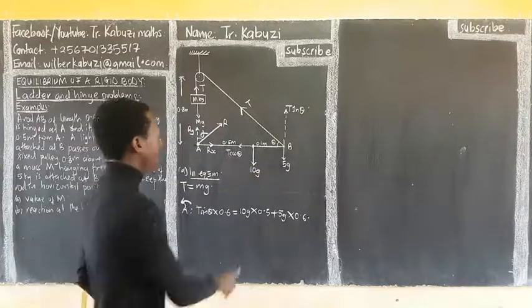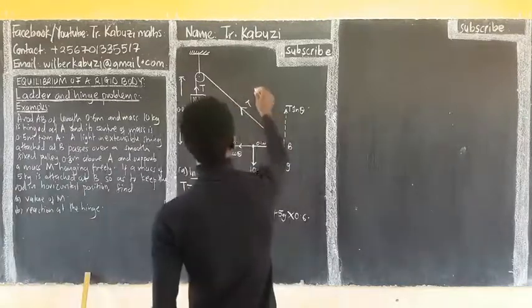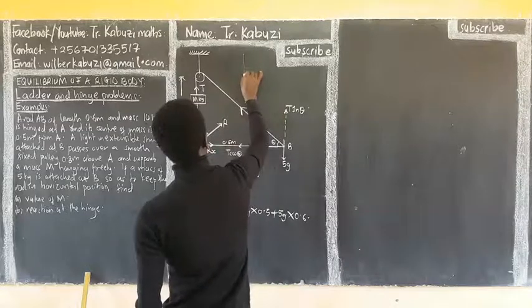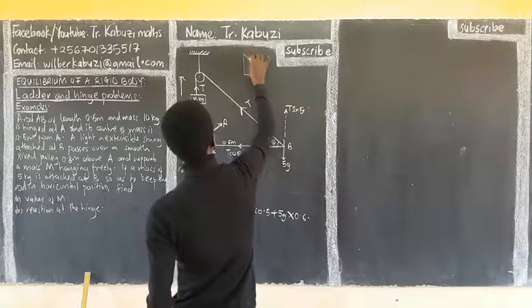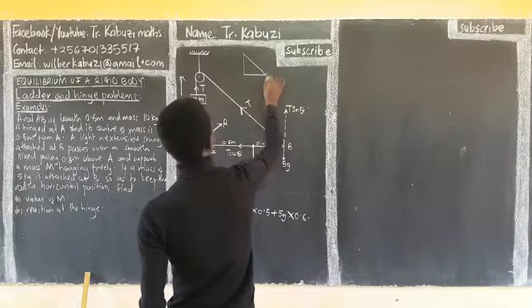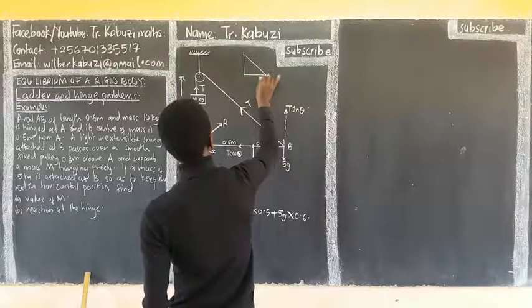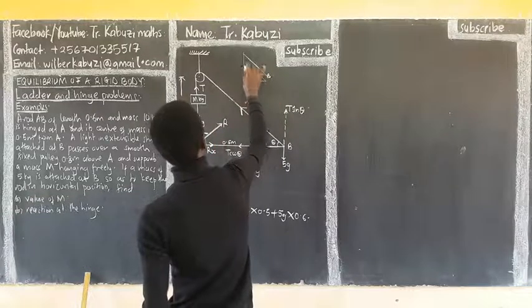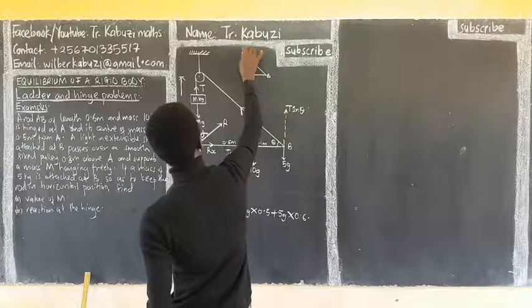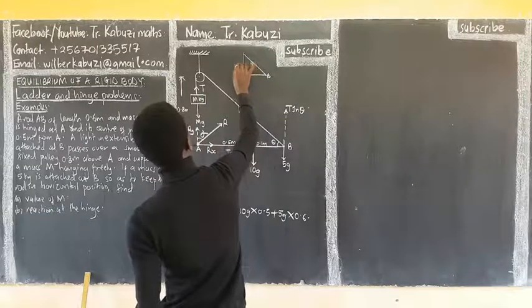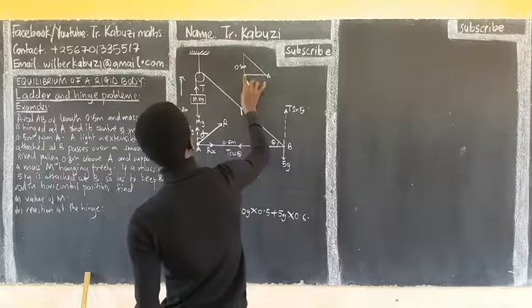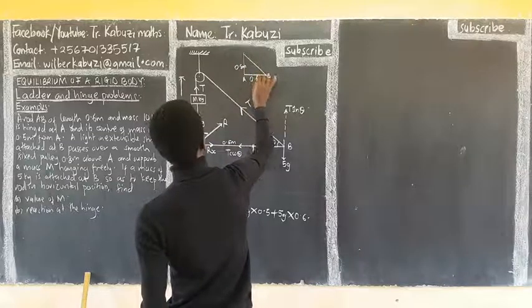If you look at that, if this is going to be my B and this is going to be my A, here is 0.8 meters, and from here we have 0.6 meters.